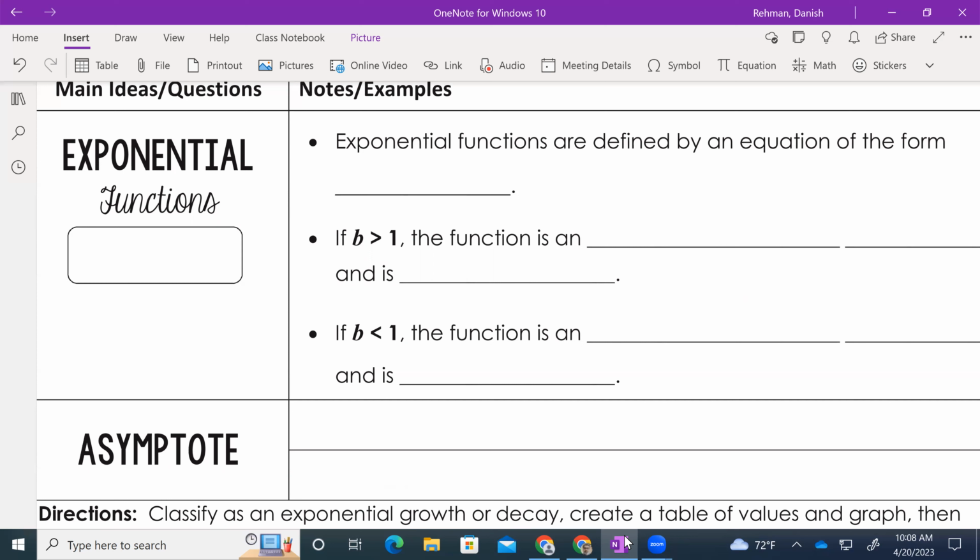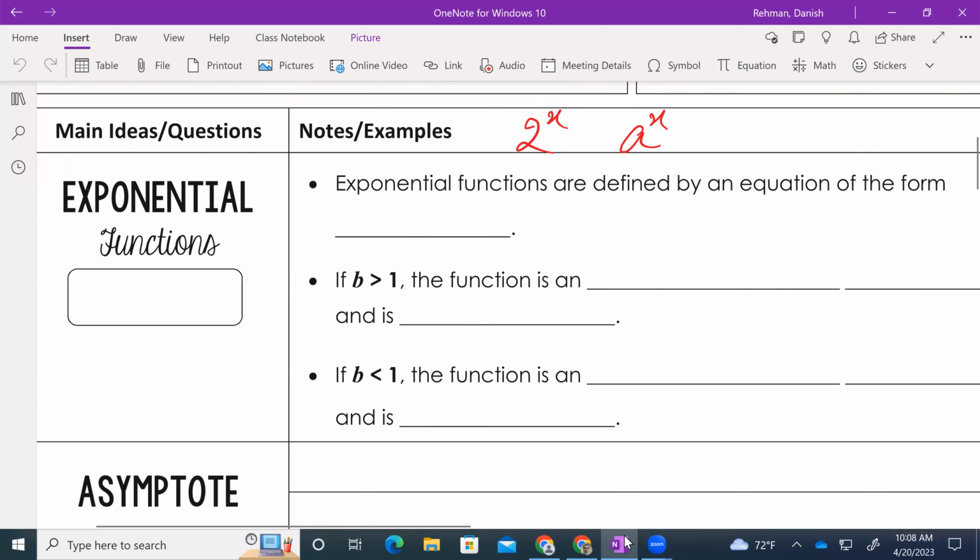I will first write the exponential function in a very simple form, and then I will generalize it also. Anything where 2 raised to power x or a number raised to power x is mentioned will be an exponential function. So keep it in mind: in an exponential expression, the base is a constant and the variable is in the exponent.